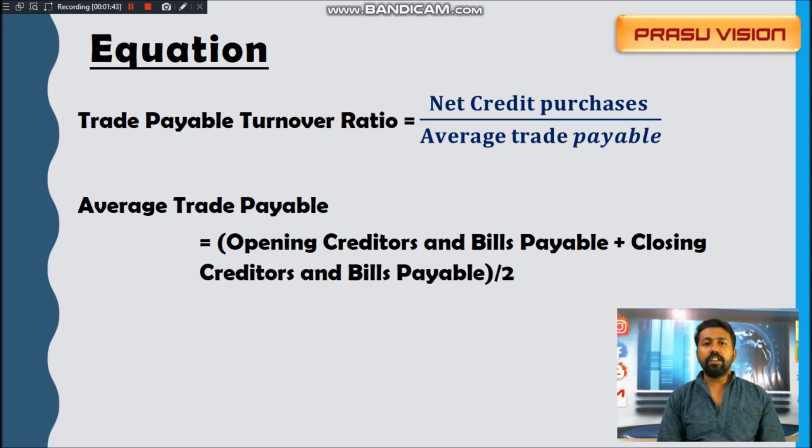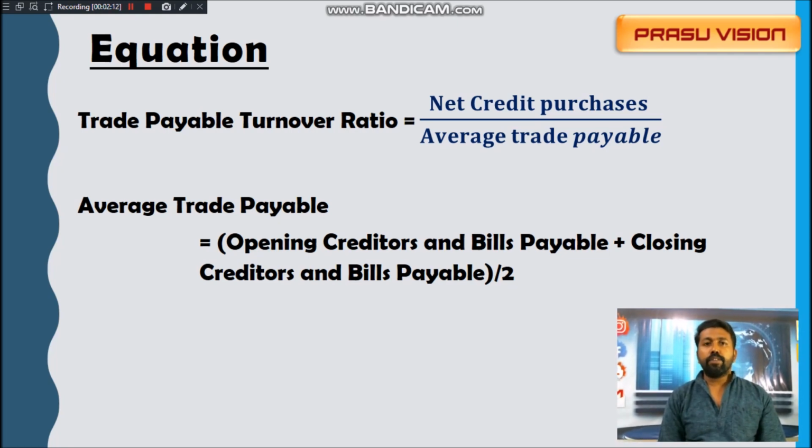The equation related to average trade payable is also there. Then we have to calculate the trade payable period. Trade payable turnover ratio is equal to credit purchases divided by average trade payable. Like in the case of trade receivable turnover ratio, where it is credit revenue, here it is credit purchase.